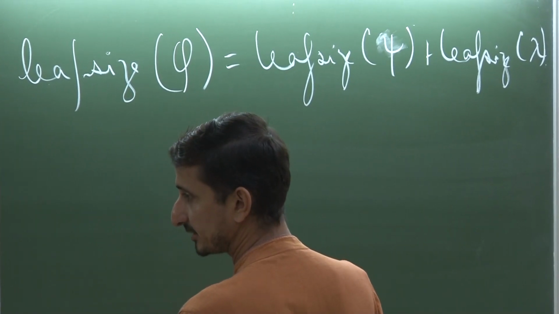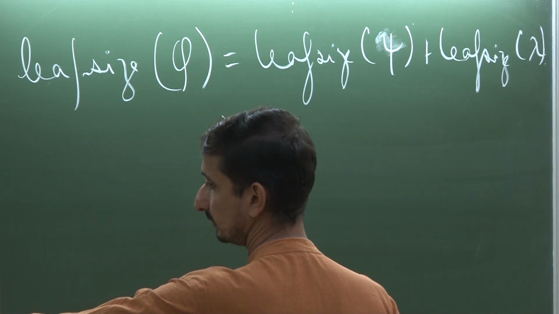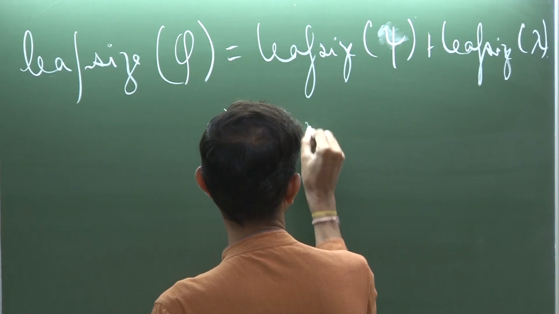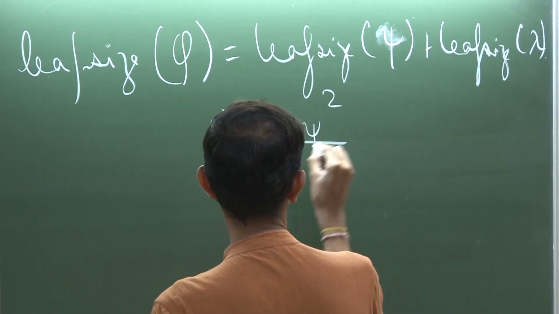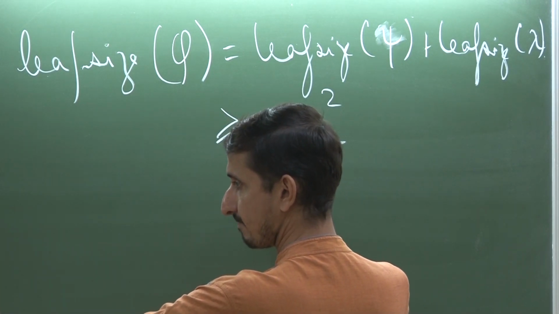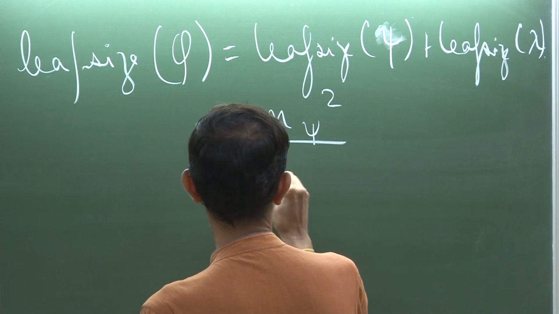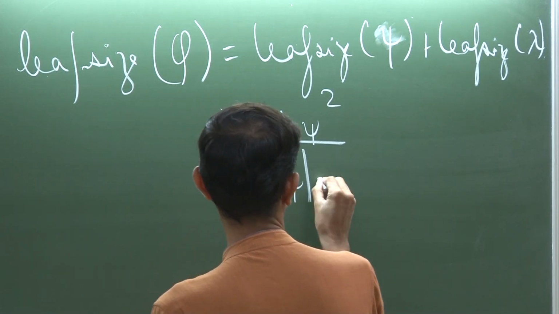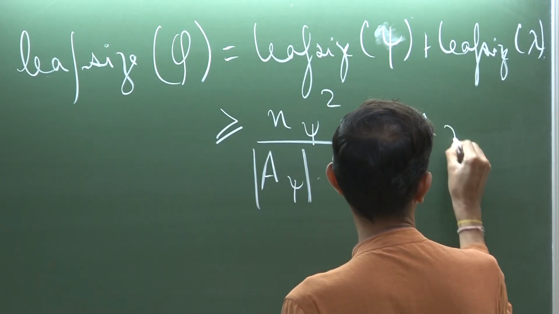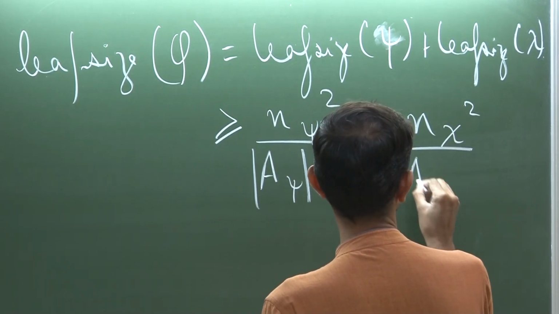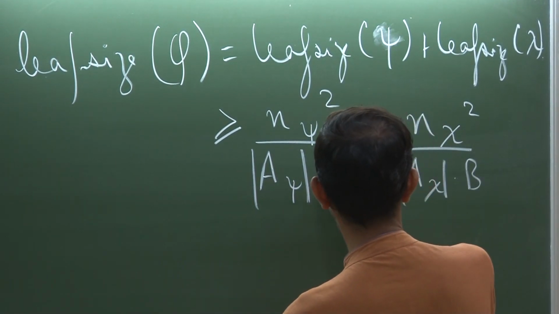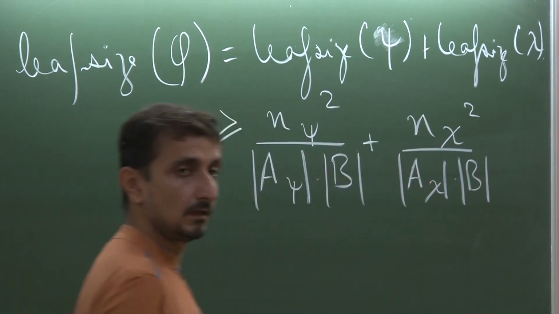now I can use my notations, n_psi square divided by A_psi times B plus n_chi square divided by A_chi times B. Okay.